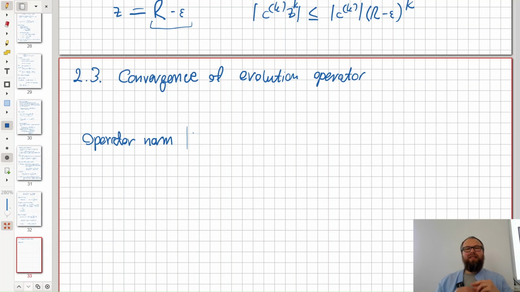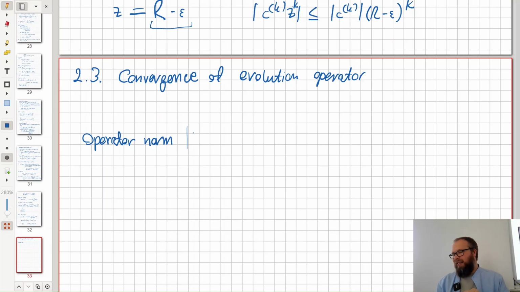Naturally, operators act on some vector space, like our Hilbert spaces. So we already start with a norm for vectors. The standard procedure is to inherit this norm and construct the norm for operators using the norm of the vector space. You don't always have to do it, but it's a standard thing.